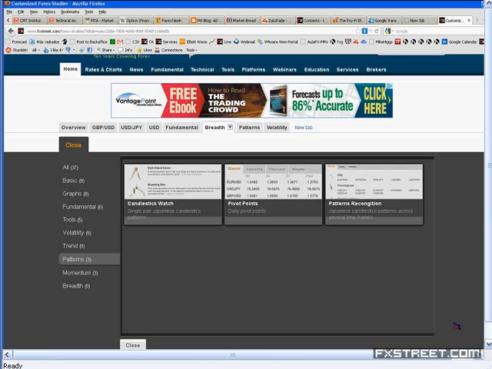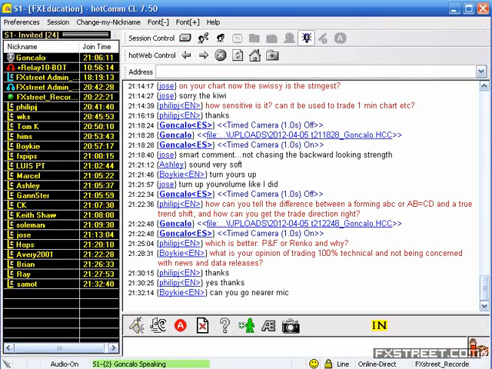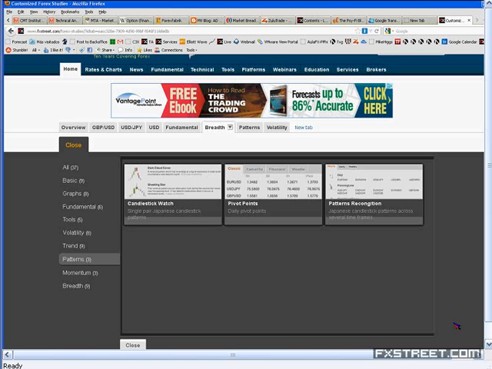The point I want to get into is that you can't get all the information from price. Not everything is mirrored or discounted in the price.